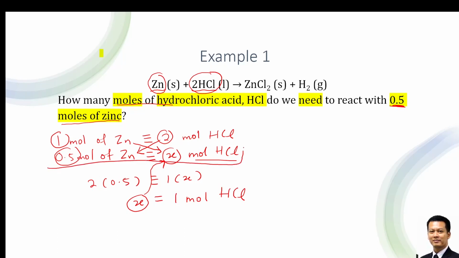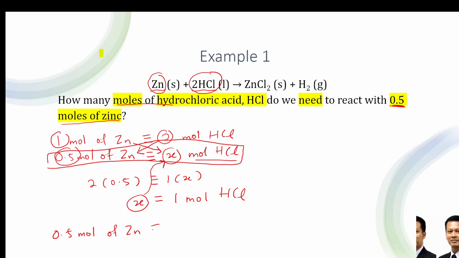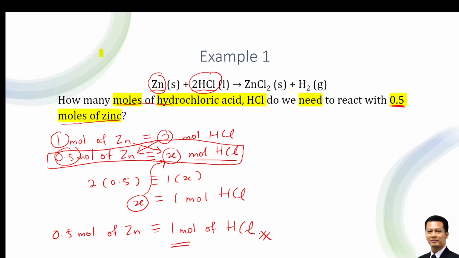If you write this down again, it means that if you have 0.5 mole of zinc, you actually need 1 mole of HCl. That's the answer for this question. After it reacts, you can get zinc chloride and H2 gas.